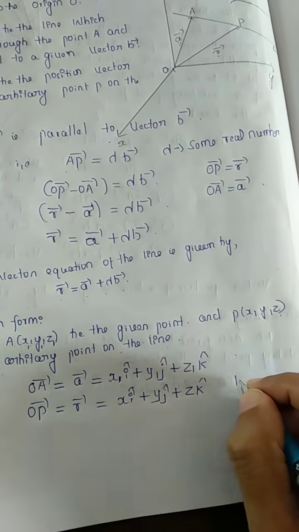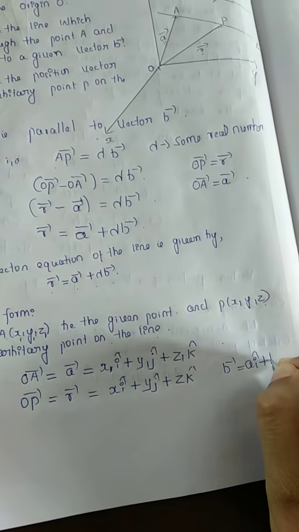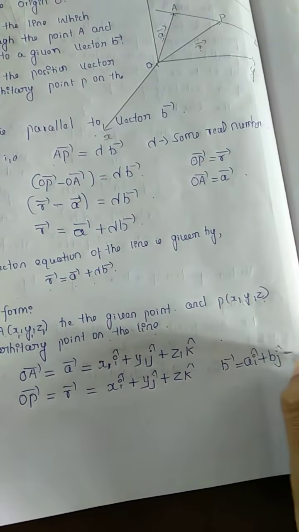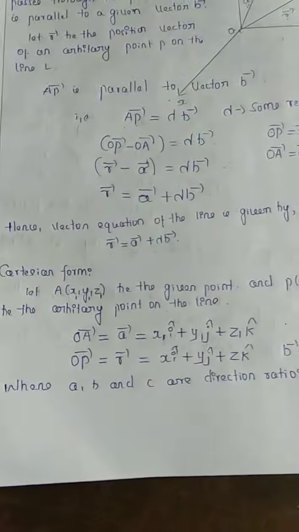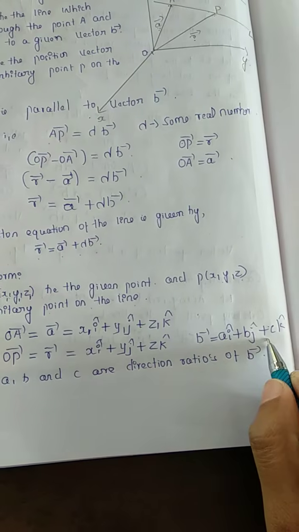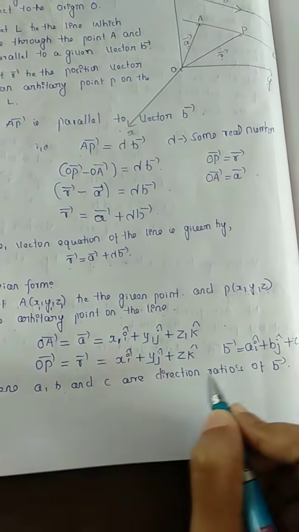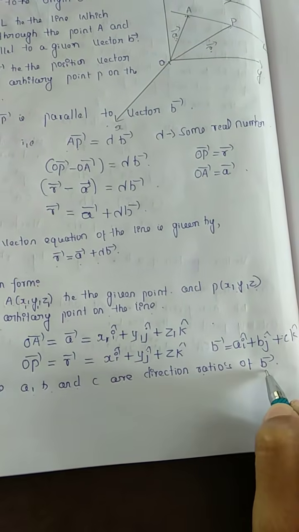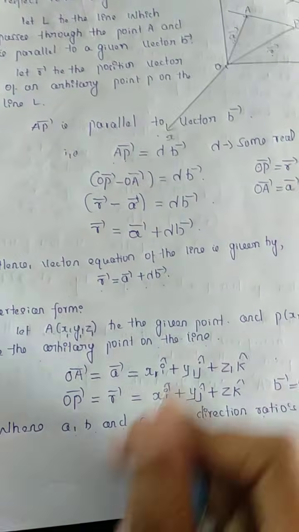And vector B is equal to a i cap plus b j cap plus c k cap, where a, b and c are direction ratios of vector B. Now we should substitute in the vector form.